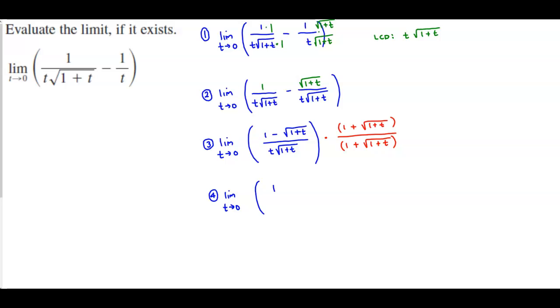And that becomes minus, when you multiply the square root of 1 plus t times the square root of 1 plus t, that becomes 1 plus t. And that is divided by t times the square root of 1 plus t times 1 plus the square root of 1 plus t.